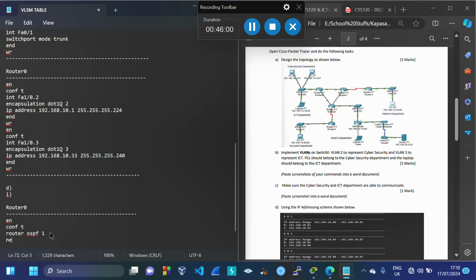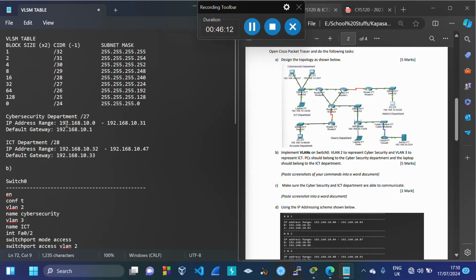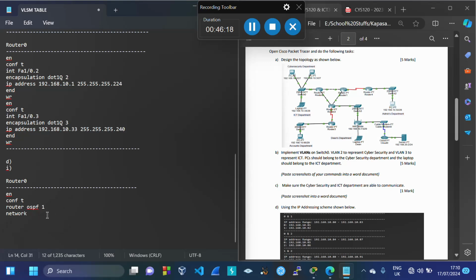So I'll say network. So once I say network, I need to know the network address for a particular thing, such as cybersecurity. So based on our subnetting, the cybersecurity network address is .0. So I'm going to get that network to represent cybersecurity. Then I need to put the broadcast bit.